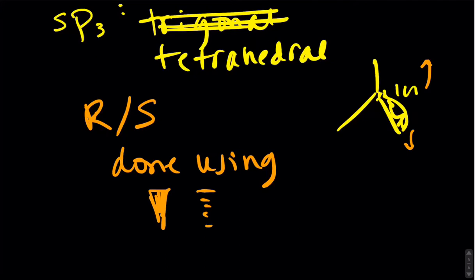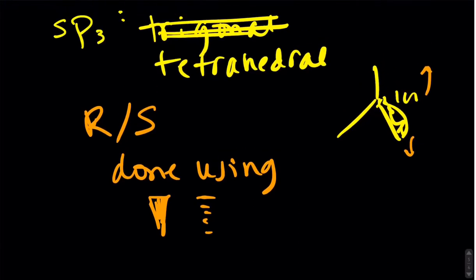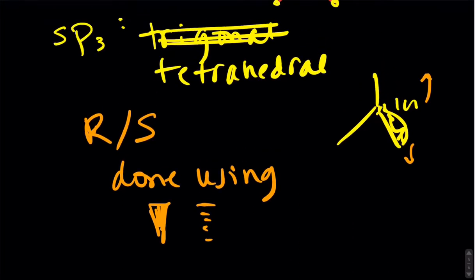But because we are adding the chlorine to a trigonal planar molecule, there is no true direction that the chlorine is specifically going to come from.